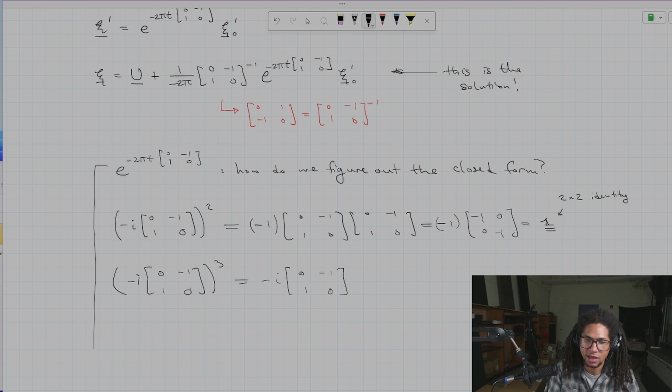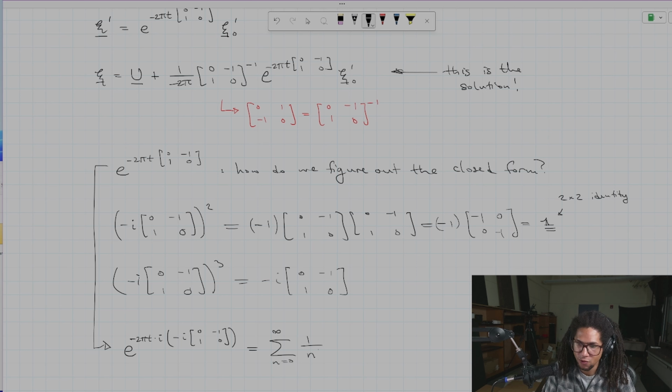So now I'm going to take this object that we were looking at, and I'm going to rewrite it. I'm going to say this is e to the minus 2 pi t times I times the quantity minus I times that matrix. Great. So now I can write this out in series form.